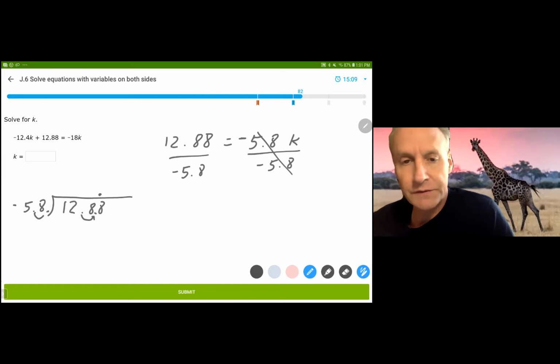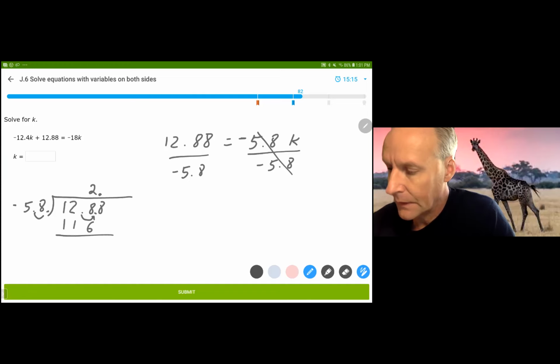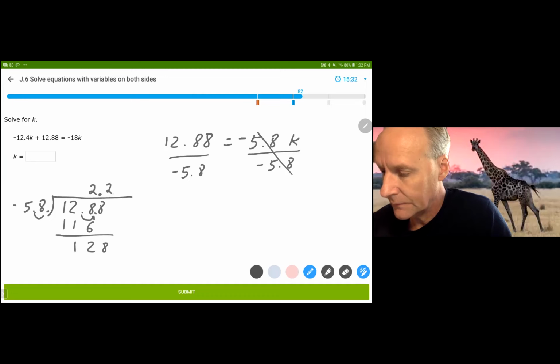Now 58 goes into 128 two times. And 2 times 58 is 116. And I subtract 6 from 8, and I get 128. And it looks like we're going to get, interesting, 58 goes into 128 two times.